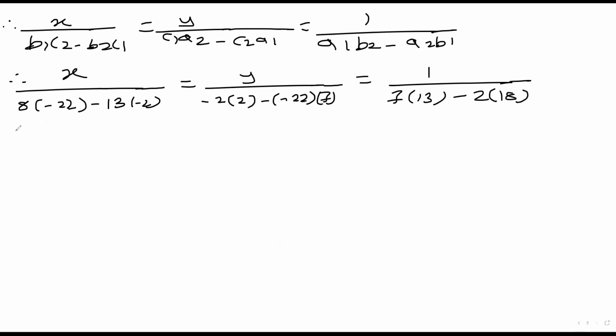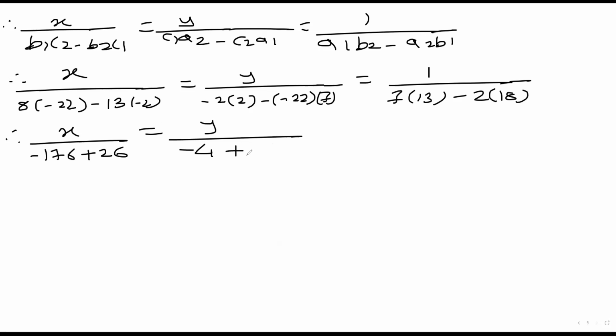Correct. So what do you get? x upon, 8 22s are how much? Minus 176 plus 26 is equal to y upon minus 4 plus 22 into 7 is 154. Correct. Is equal to 1 upon 13 sevens are 91 minus 18 twos are 36.